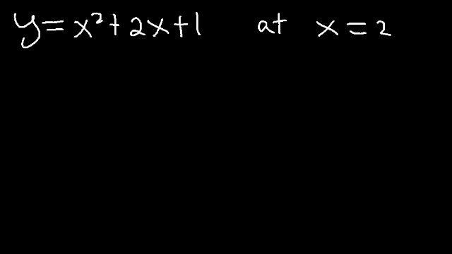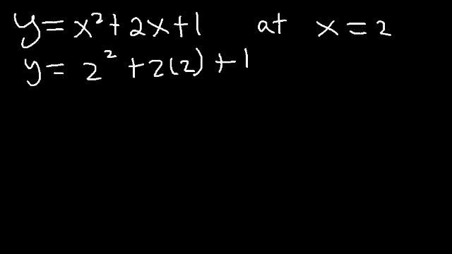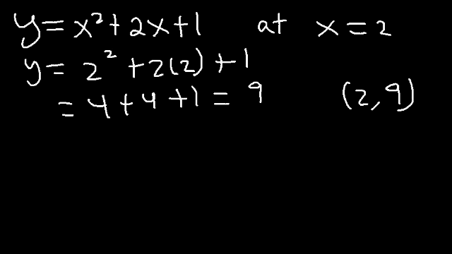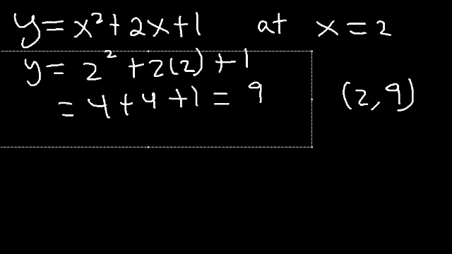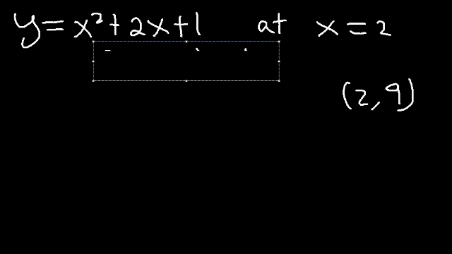The first thing I would do is find y when x is 2. So if we plug in 2, it's going to be 2 squared plus 2 times 2 plus 1. So that's going to be 4 plus 4 plus 1, which is 9. So we have the point 2 comma 9. X is 2, y is 9. And that's for the original function.